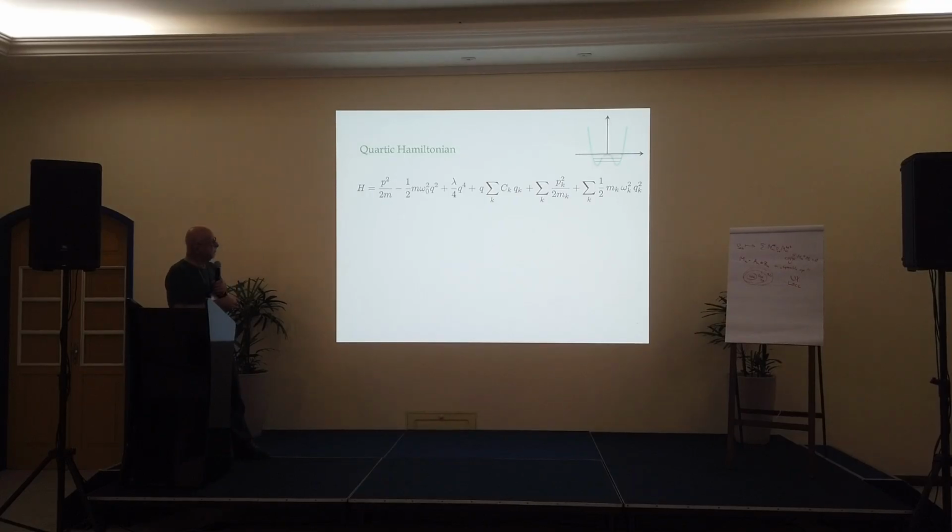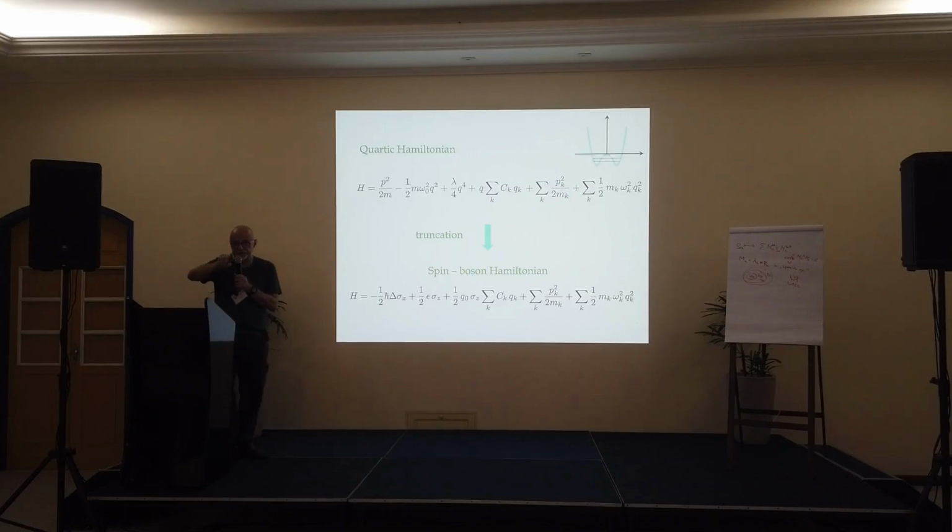If we do that, we end up with something called the spin-boson Hamiltonian. And this spin-boson Hamiltonian is a sort of spin coupled to an oscillator bath. All I have to do is take the quartic one and rewrite it in terms of left and right states. So I can truncate my Hamiltonian just to the subspace of the two lowest energy states. That's all I have to do.